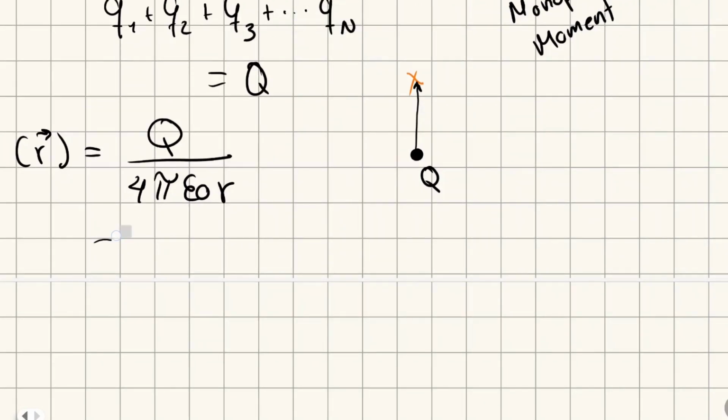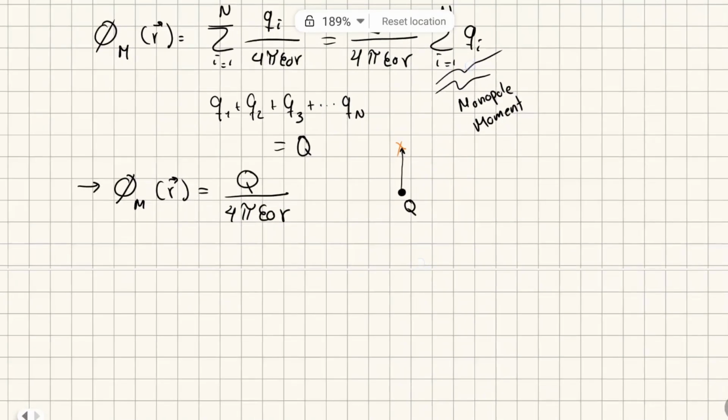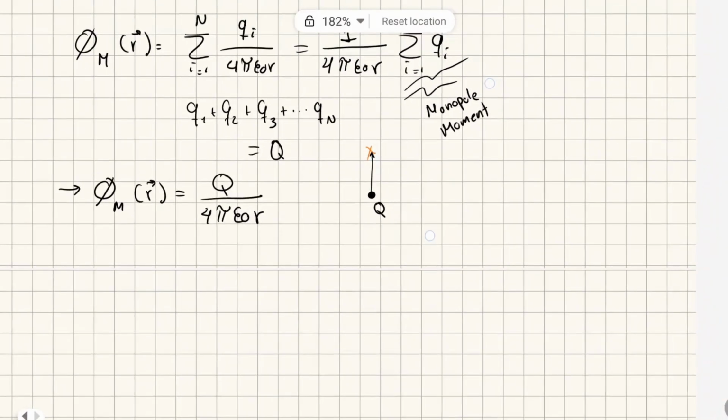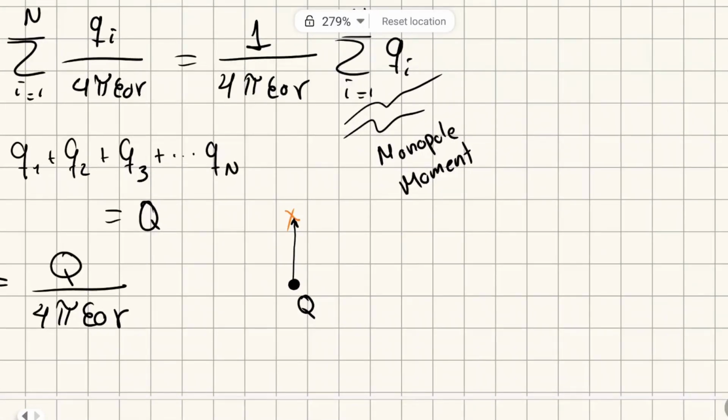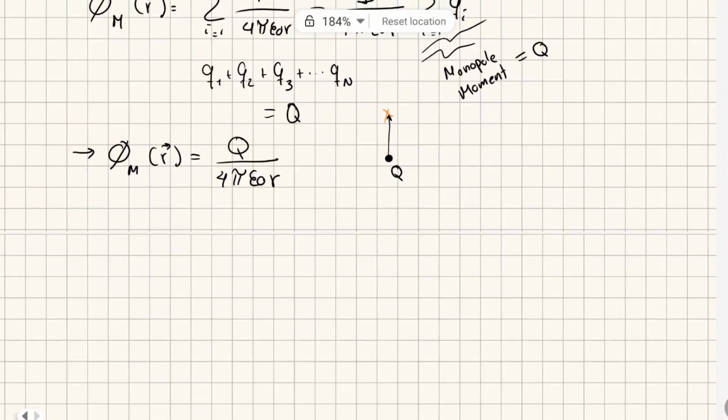So the monopole term is equivalent to a system that only has one charge, and that charge has a value of Q, where Q is the sum of every charge. Perfect. There is not much more to say about this, just that the monopole moment is defined as Q, the net charge of the system.